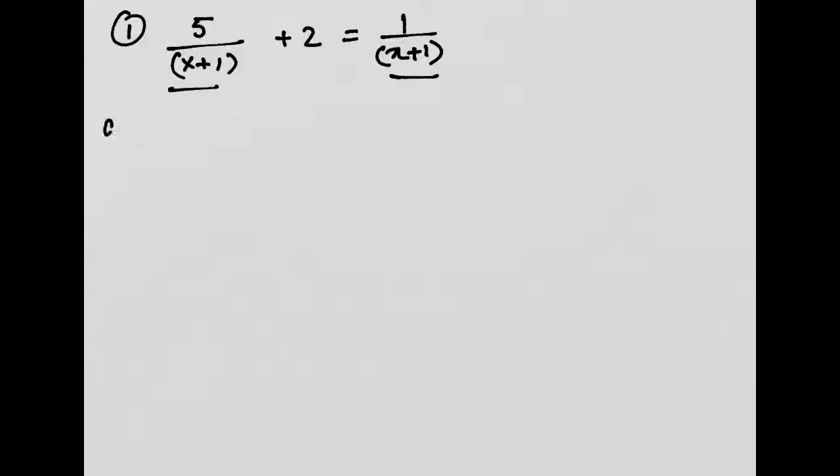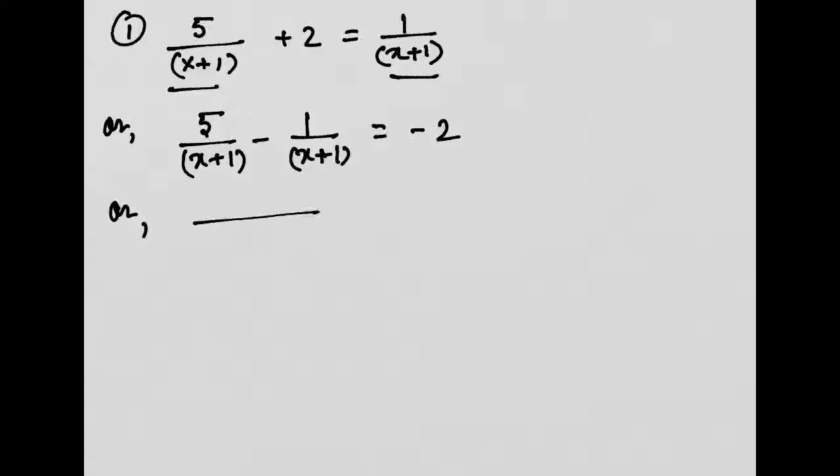So I am rearranging and writing 5 by x plus 1 minus 1 by x plus 1, leaving it in brackets, equals minus 2. As the denominator is the same, we can do 5 minus 1, so it is 4 by x plus 1 equals minus 2.